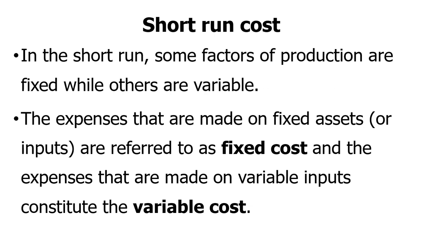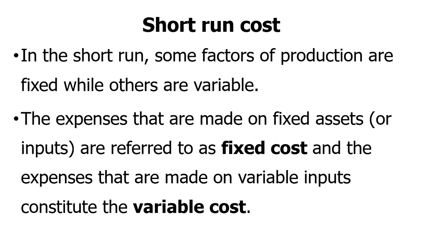In the short run, we are told that some factors of production are fixed whilst others are variable. The variable factors are the factors that vary with the level of output, while the fixed inputs remain constant during the production process.